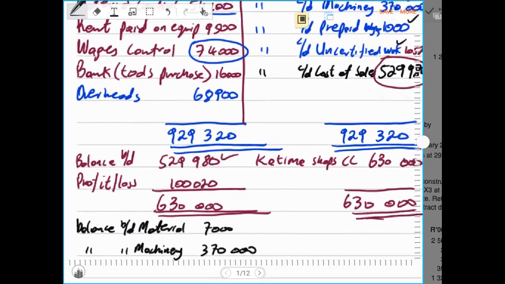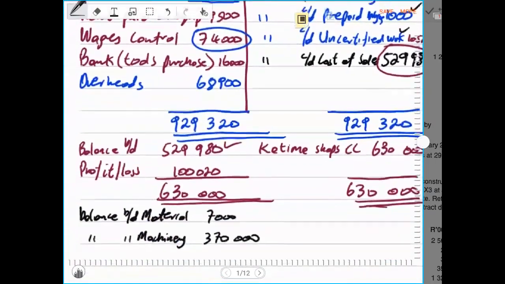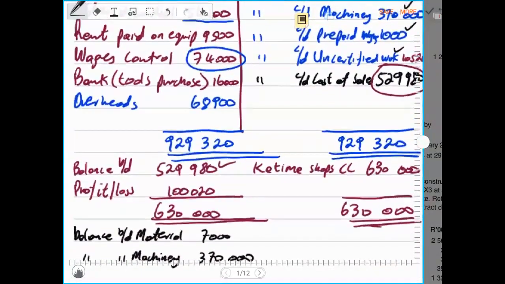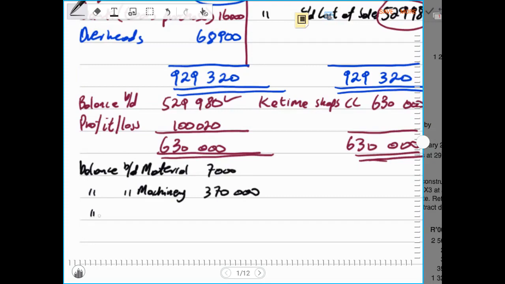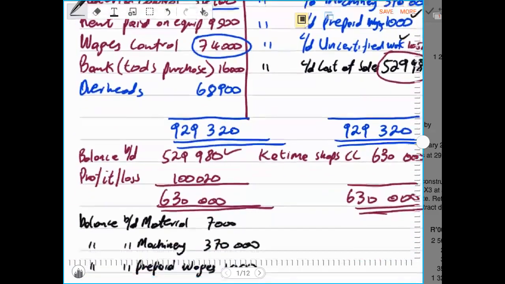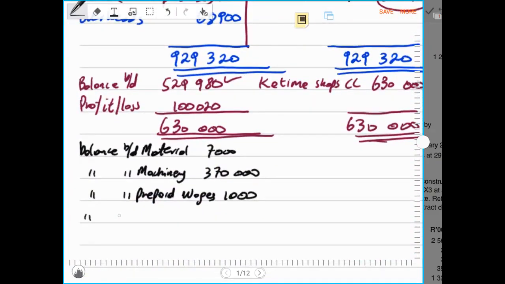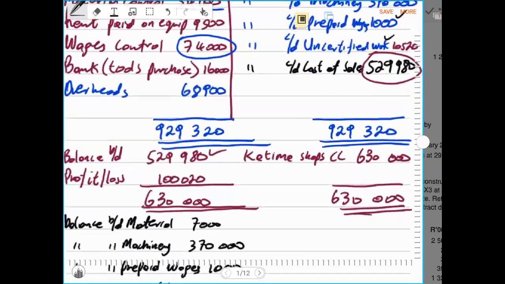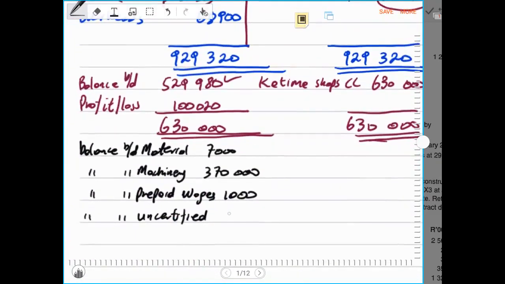Then we have balance brought down for prepaid wages, which is an amount of 8,000 rand. Then after we have uncertified work, balance brought down uncertified work. The uncertified work balance was 10,520.